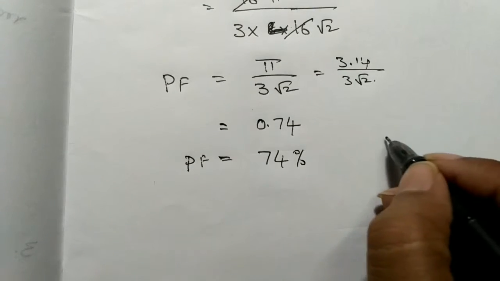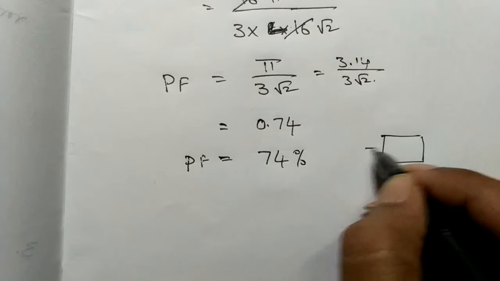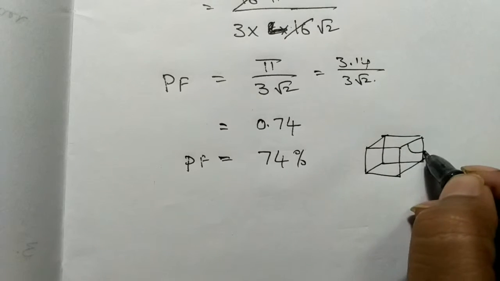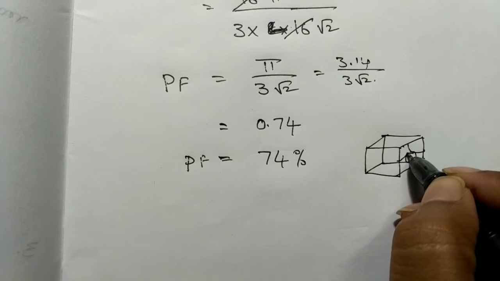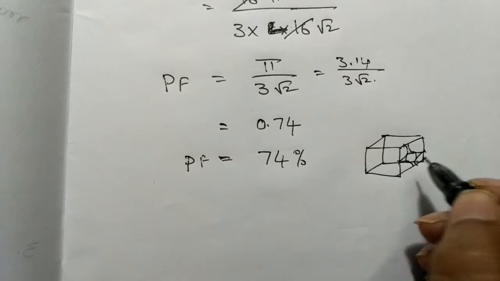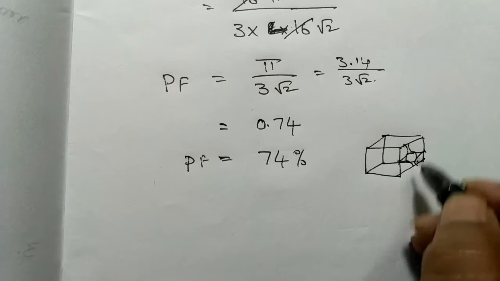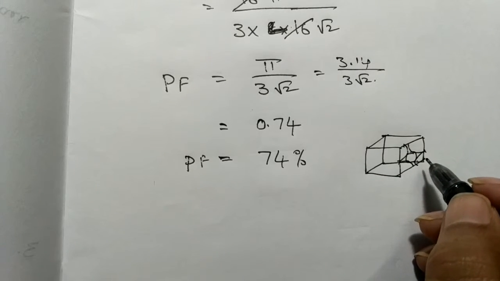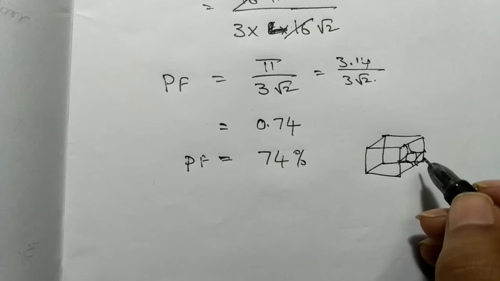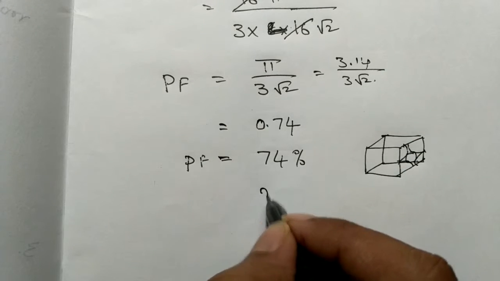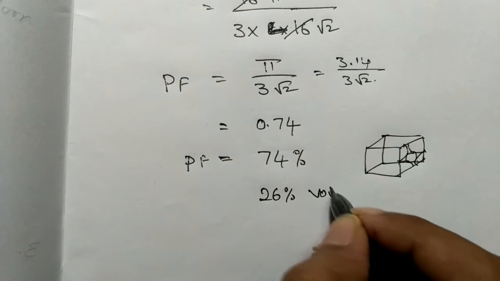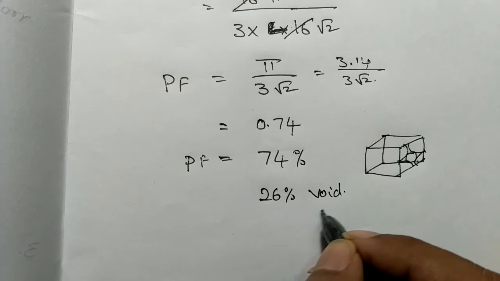That means in this particular unit cell, 74% of space was occupied by these atoms. The remaining 26% of space was void. Void means empty, empty means free space.